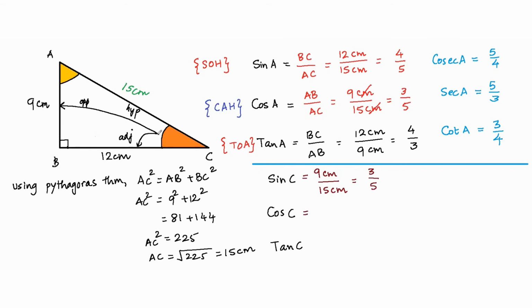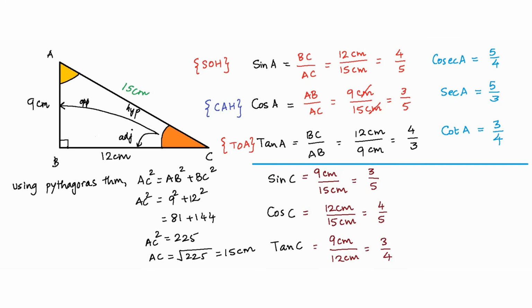Cos C, cos is adjacent, that is 12 centimeters, divided by the hypotenuse, which is 15 centimeters. That's going to be 4/5. And tan C, tan is the opposite side, which is 9 centimeters, divided by the adjacent side, which is 12 centimeters. So tan is 3/4.